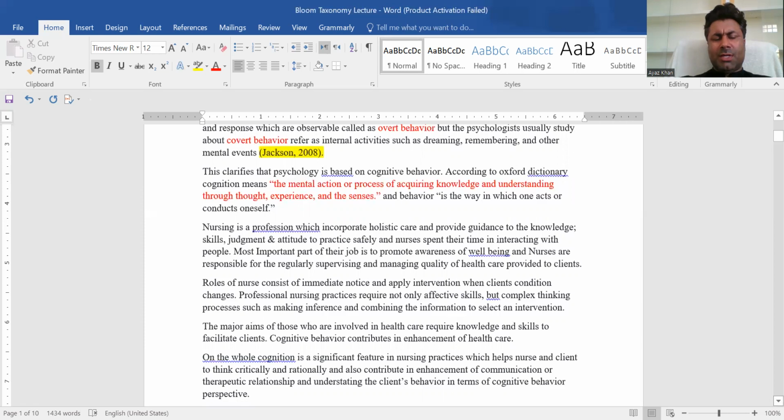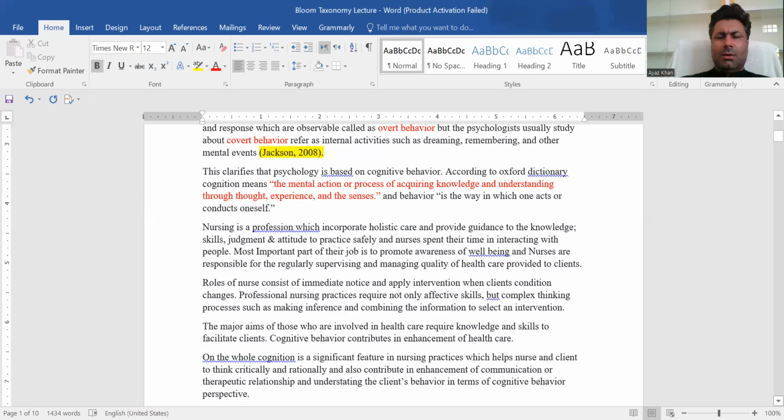The status of the patient changes from minute to minute, hour to hour. So as a nurse, a healthcare professional, we continuously assess and reassess the patient's condition, then understand the situation, the signs and symptoms of the patient, the objective signs and the subjective data.